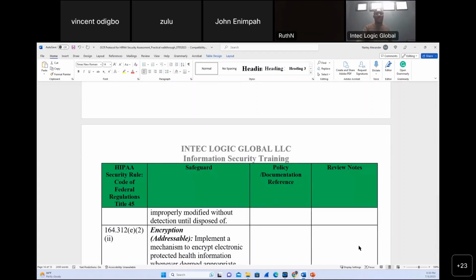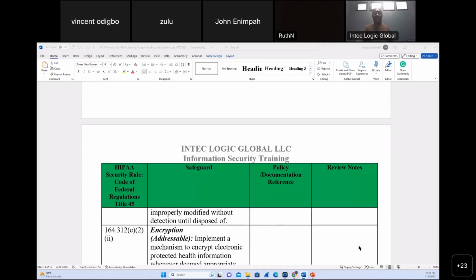So what do you do so that your PHI that you are using, nobody can modify it until it is disposed of?